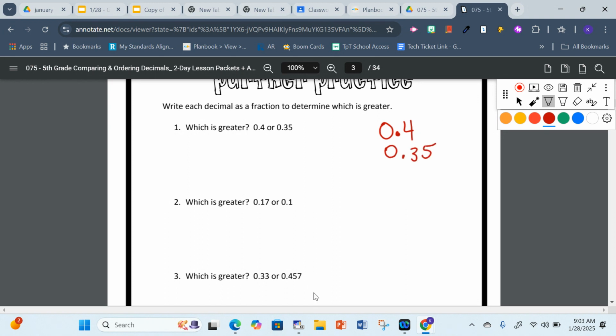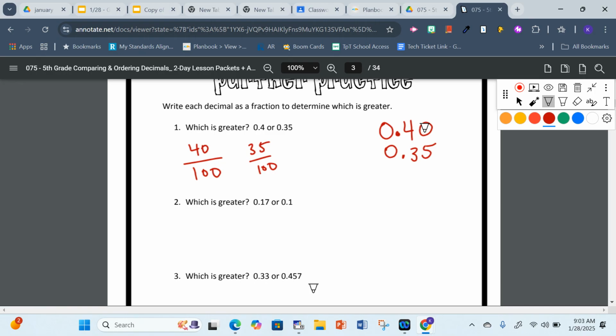What am I going to fill in here? A 0. So this is now 40, and what's the 0 in the place value of? What's the 5 and the 0 in the place value of? Hundredths. So I'm going to write hundredths, and then 35 is already in the hundredths, and I compare that. Or I can just march down and compare them.